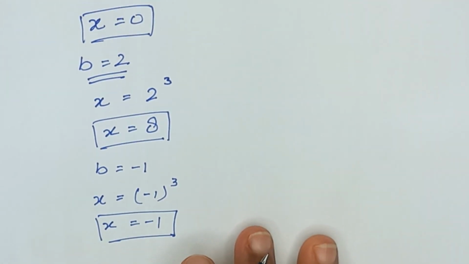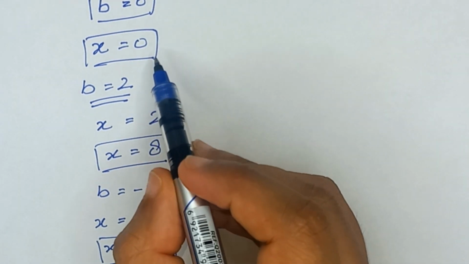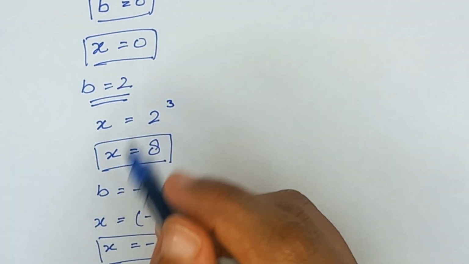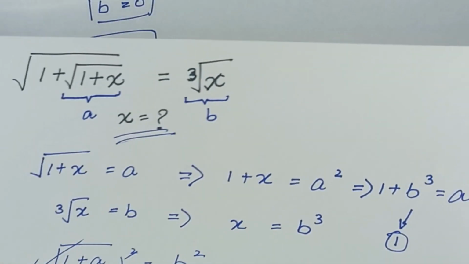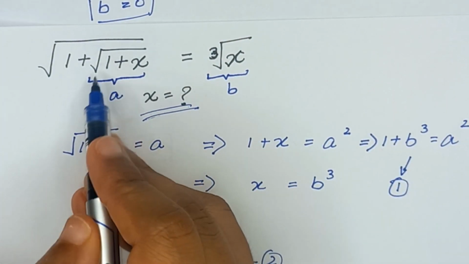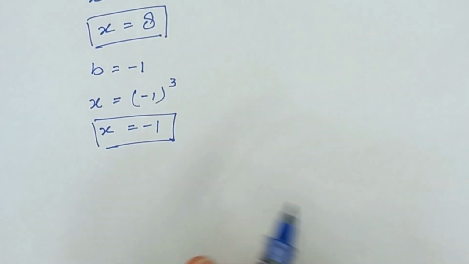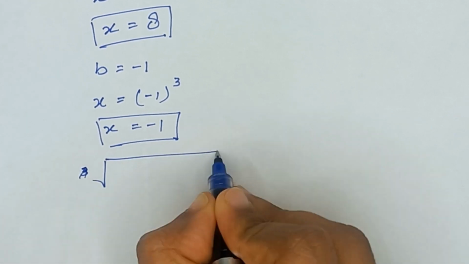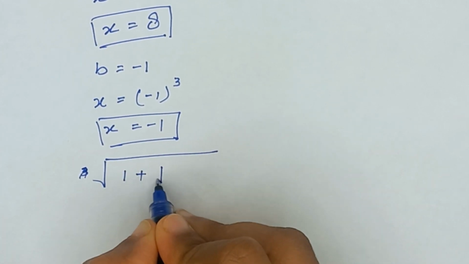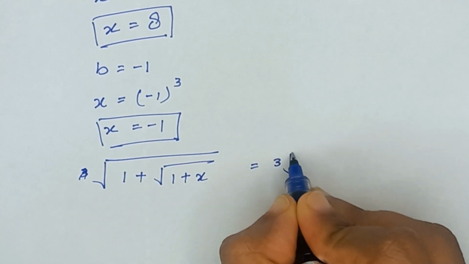Okay, so here we have three values of x, but we have to check that all these three values of x satisfy our given equation, as our given equation is cube root of 1 plus square root of 1 plus x is equal to cube root of x.